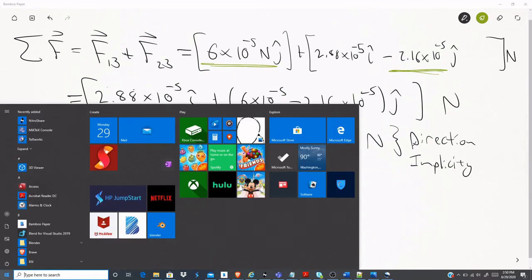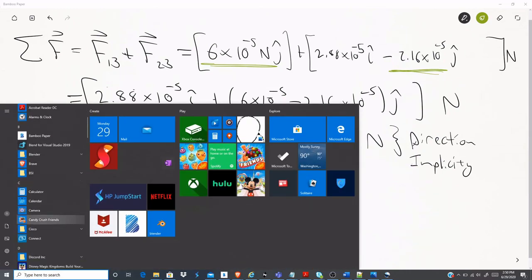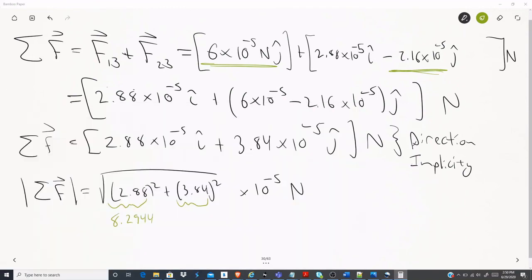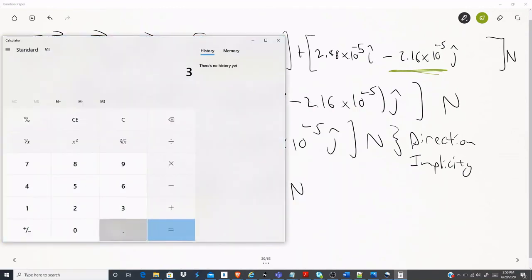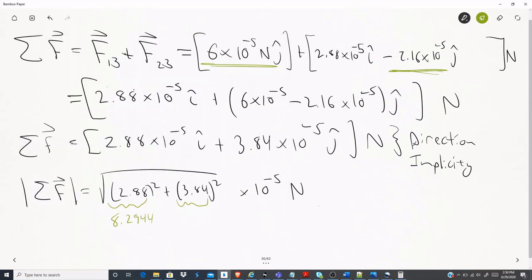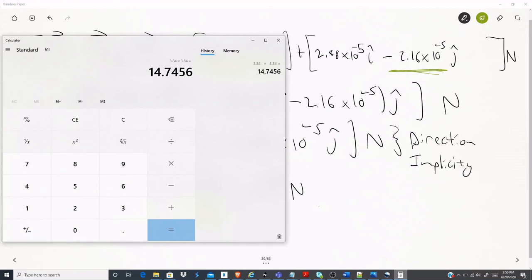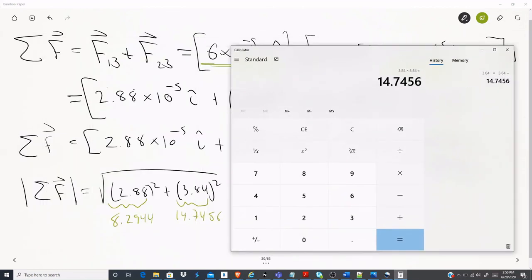So I have 3.84 times 3.84. What is that? 14.7456. And then we need to add to that the 8.2944.